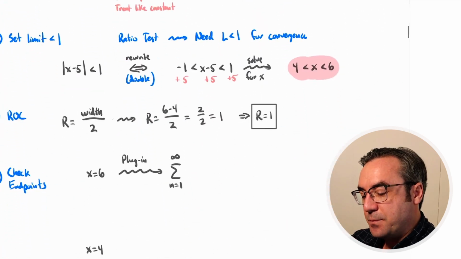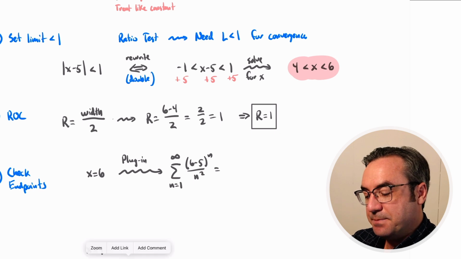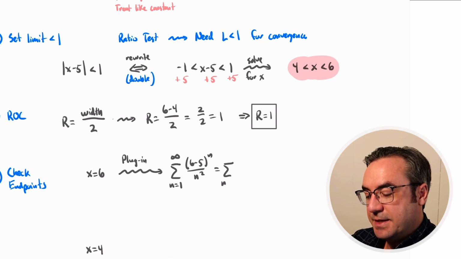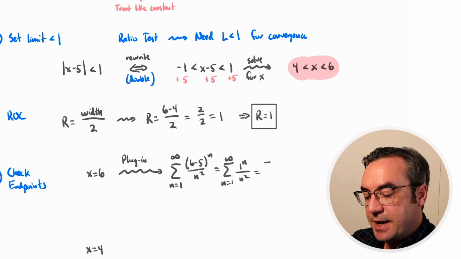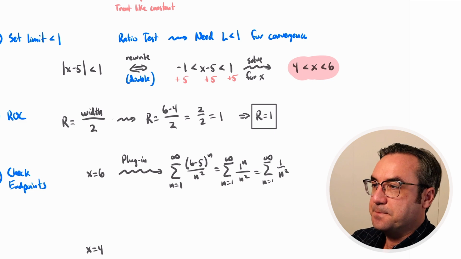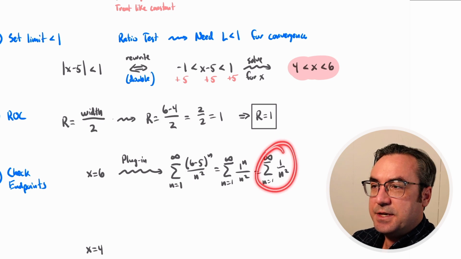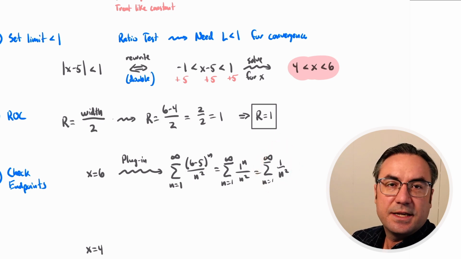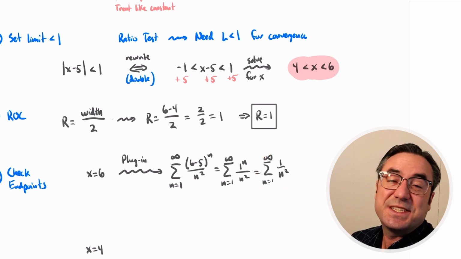We get 6 minus 5 raised to the power n over n squared. If we simplify that, it ends up being the sum of 1 raised to the power n over n squared, which simplifies to just 1 over n squared. This is a recognizable series.